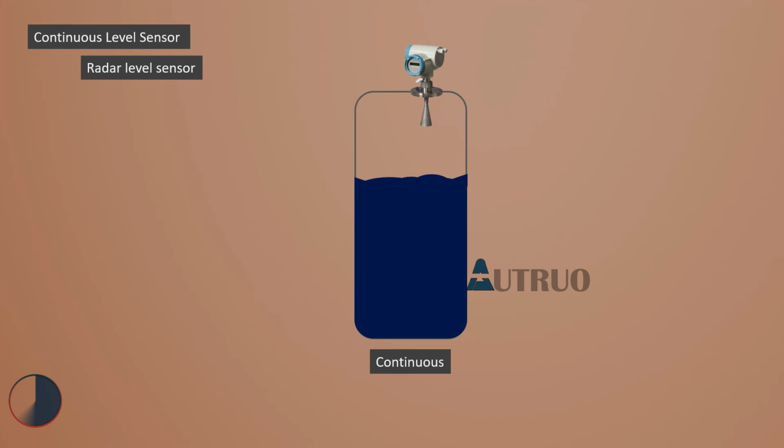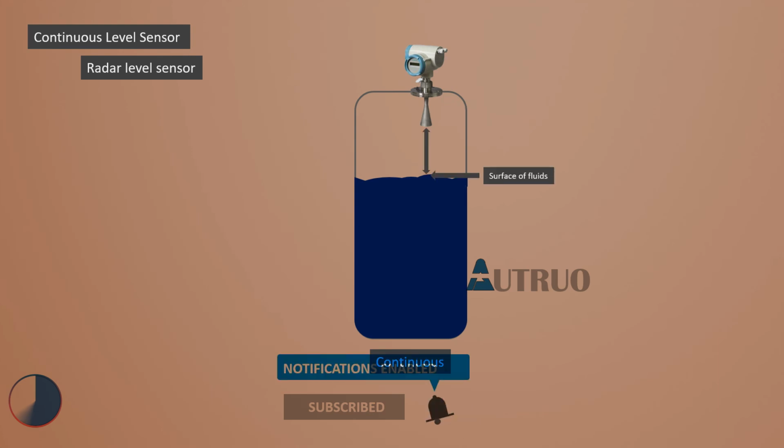Radar level transmitter. Radar level transmitters work based on the time of flight, which is the TOF measuring principle, or time domain reflectometry, TDR. The distance is measured from a reference point to the surface of a liquid.